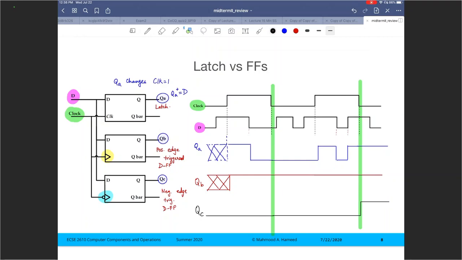But if I want to leave my answer in a very general format, I'm going to say that I don't know what it is going to be until the first negative edge. So I'll say it might have been a 0, or it might have been a 1. Another one there. I don't know during that time.